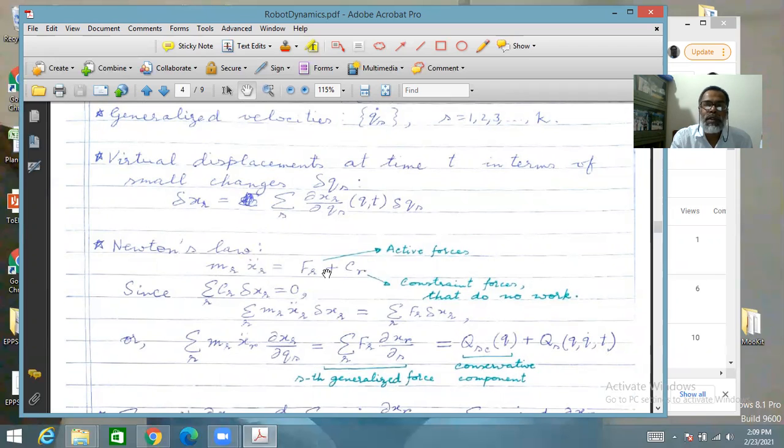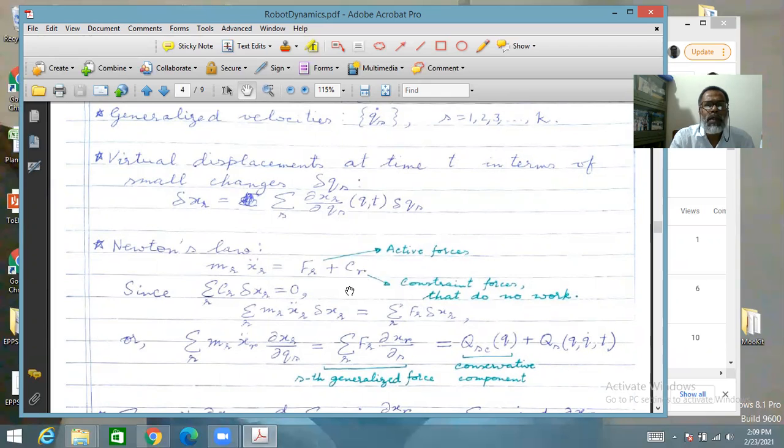So all the forces on this particle that are active are summed up together in Fr, and the constraint forces are summed up together here. Constraint forces do no work because they come into play to stop relative motion, through which work would be possible, and therefore constraint forces do not contribute to the work.